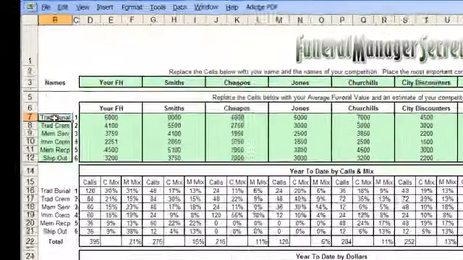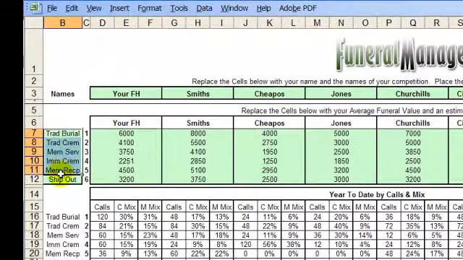Then here, and this is what's new for this version, is where we put in the service type or the mix. For this example, I have traditional burial, traditional cremation, memorial service, immediate cremation, memorial reception, and ship out.